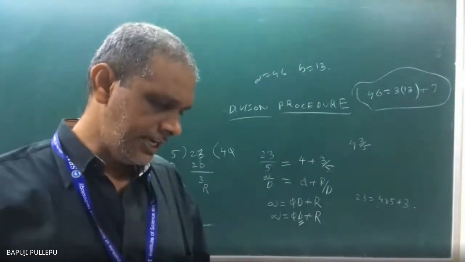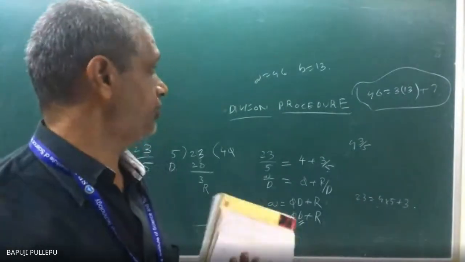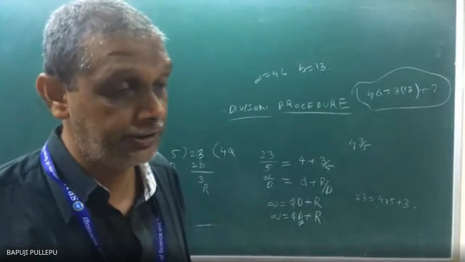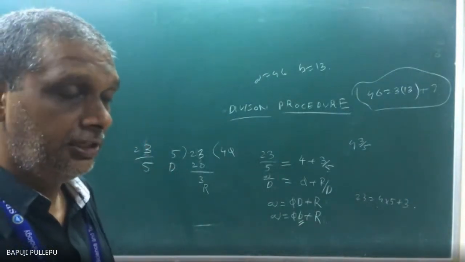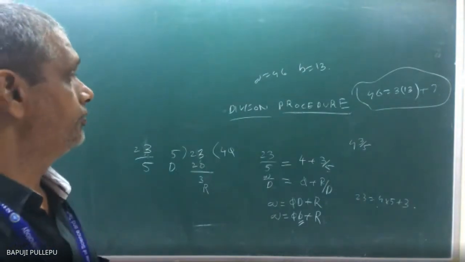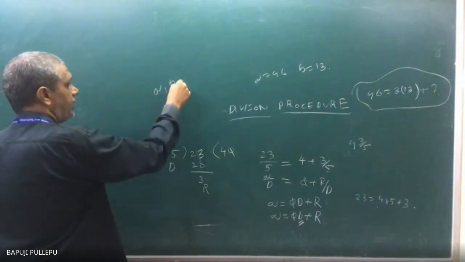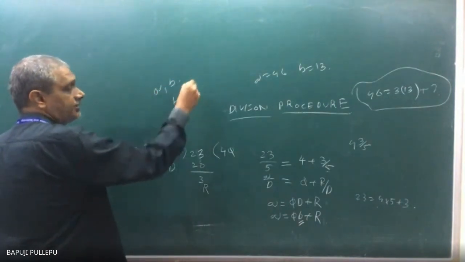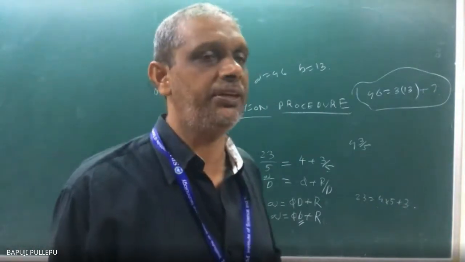So, if a and b are any two integers, with b greater than 0, b should not be 0, because if b is 0 the whole thing collapses. When you write p by q, mathematically you have to write q not equal to 0, as I told you. So always remember this. For integers a and b, b greater than 0 means positive. If b is negative, they can prove it also, obviously it's not a big deal.